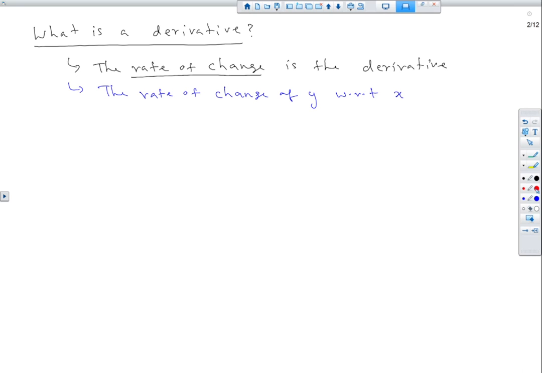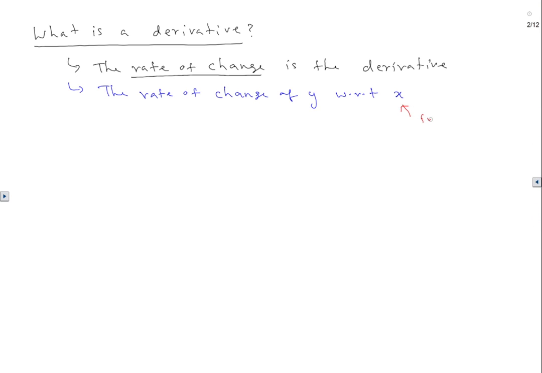What are x and y? x is the independent variable, and y is the dependent variable. It's with respect to x because x is the independent one. You can change the independent one, and then you get the dependent one. Those two are important.